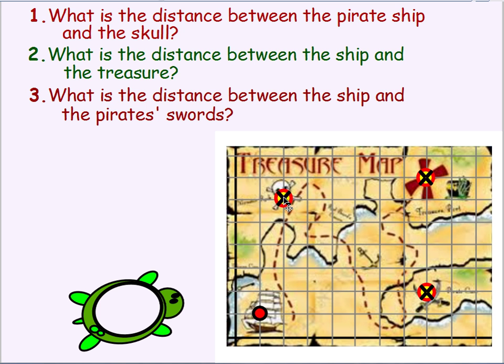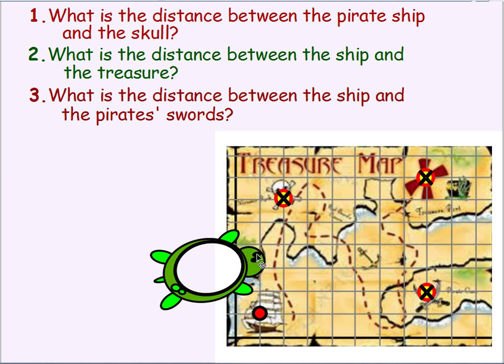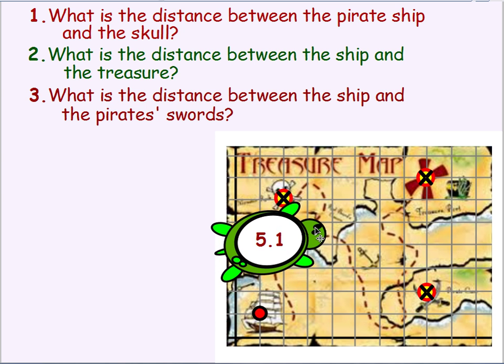It's not a straight vertical shot, so I can break this up into a grid and use distance formula to help me solve. So if I count this point down in the bottom corner as 0, 0, the ship is at point 1, 1, and the skull is at point 2, 6. I can plug those into my distance formula and find that I have a distance of 5.1.